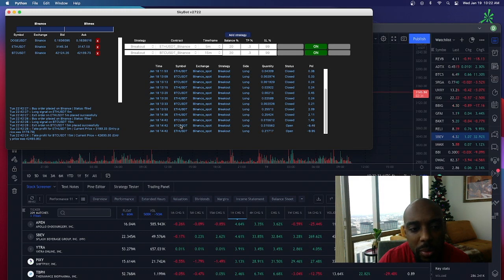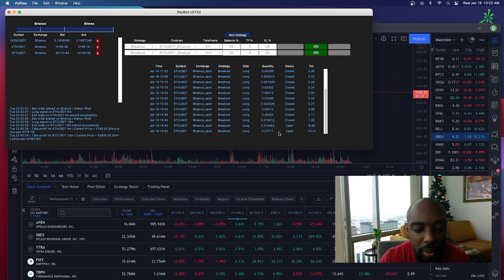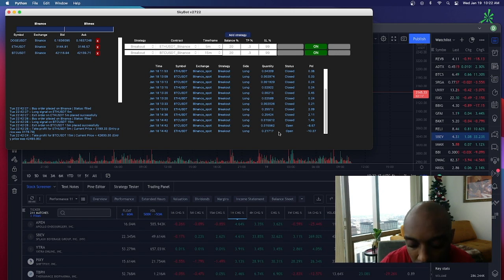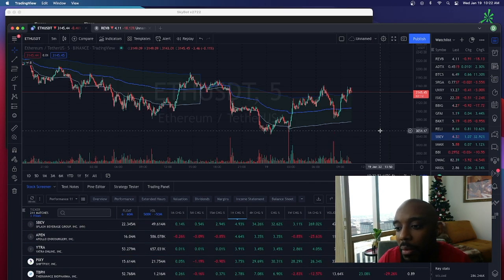And it's the same thing with Bitcoin. I'm sure at the same time frame of day, we could probably track it back in and see exactly what's happening with the trade. As you can see here, Ethereum 0.21717. Yeah, price 31.90. So we're waiting for the price to come back above 31.90 to take profits.